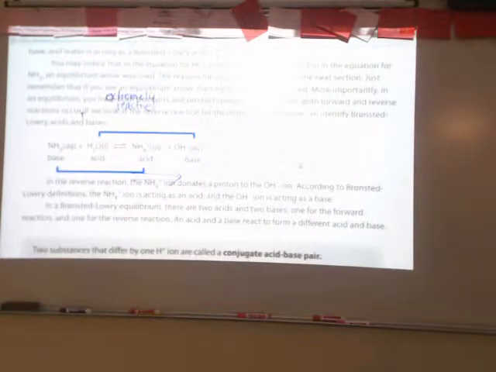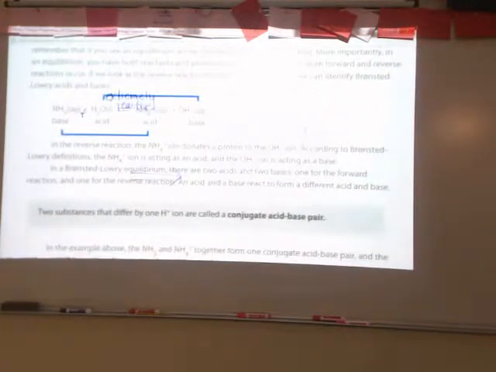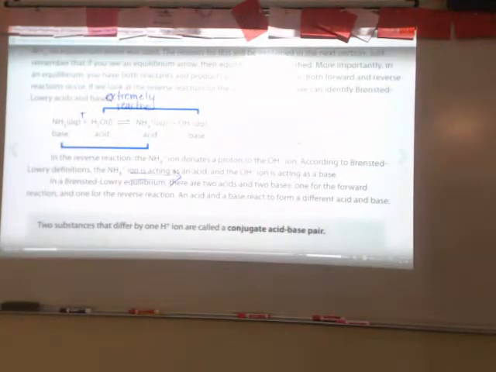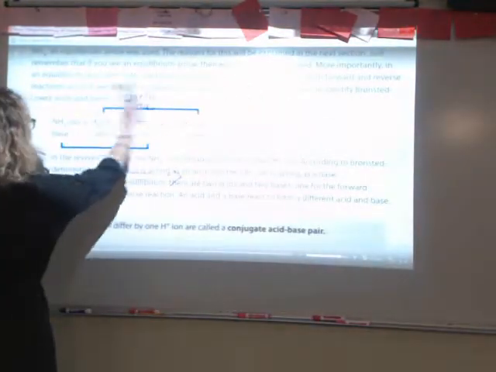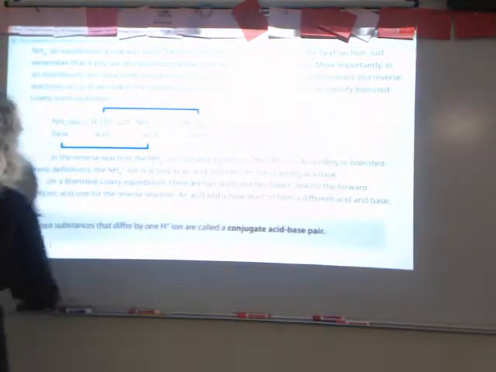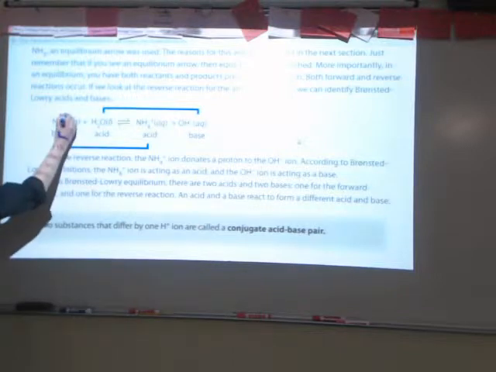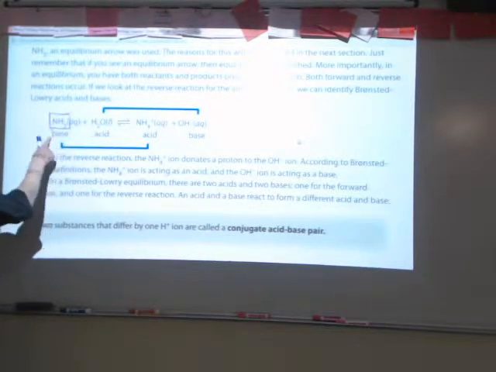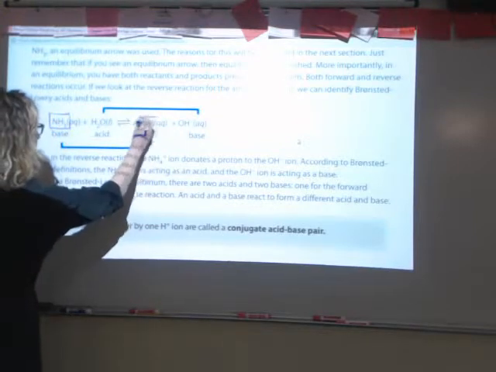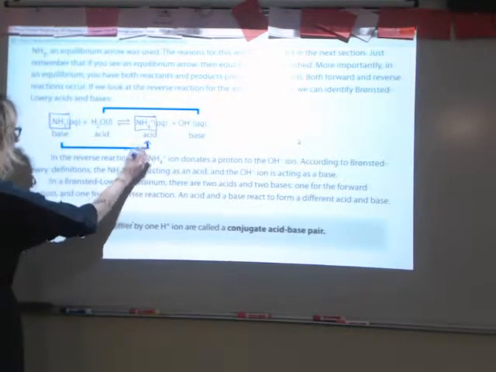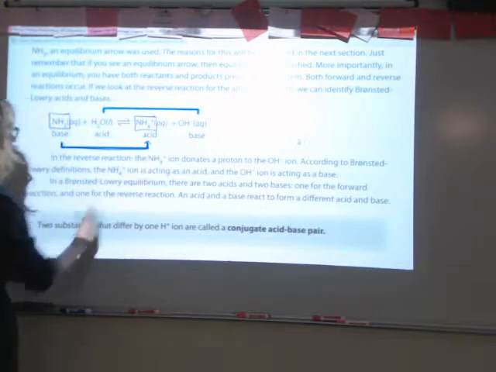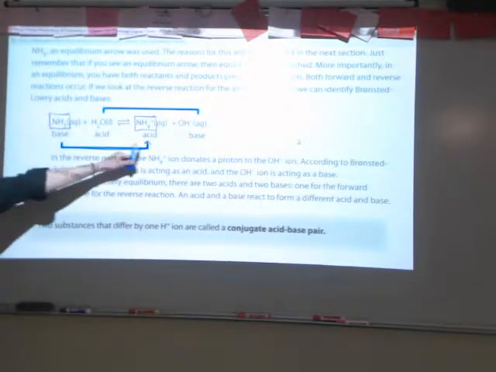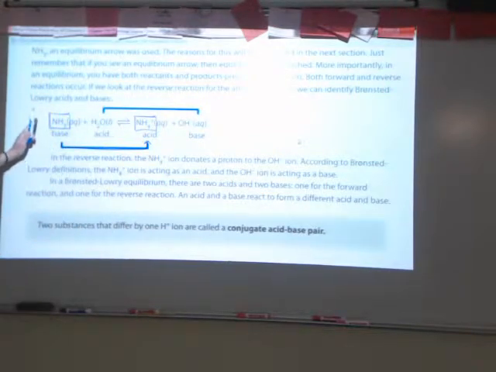All right, I'm going to show you one more example before we do some practice problems. Let's take a look here. I have NH3 here, and NH3 is partnered up with NH4 on the product side. As I read this from left to right, am I gaining or losing a hydrogen?